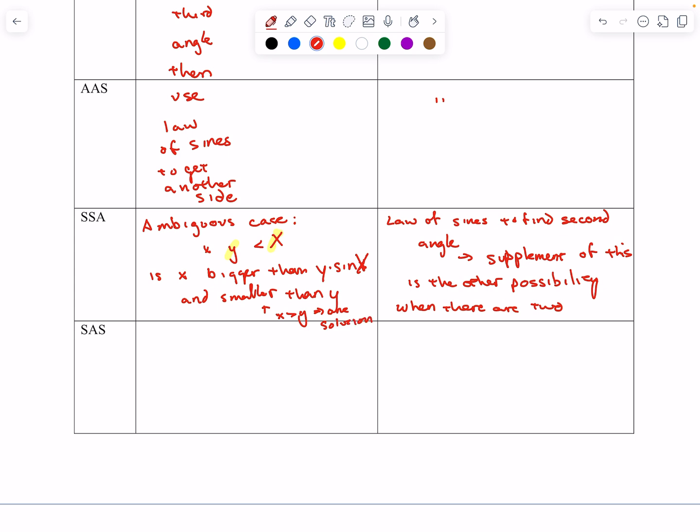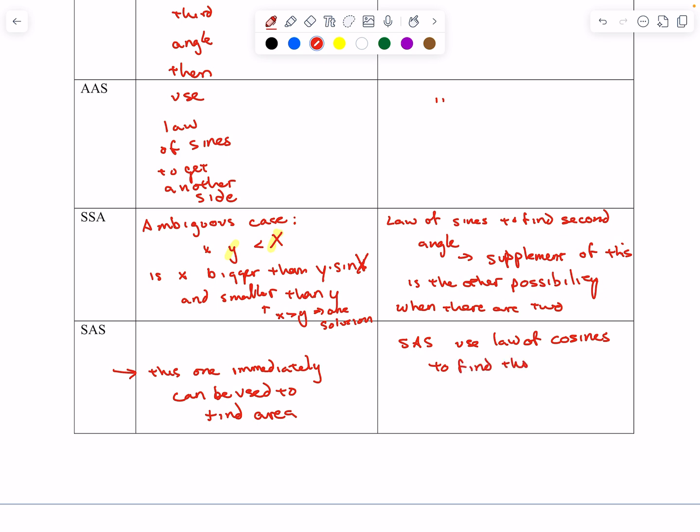Okay, side angle side. This is the setup that, oh, sorry.